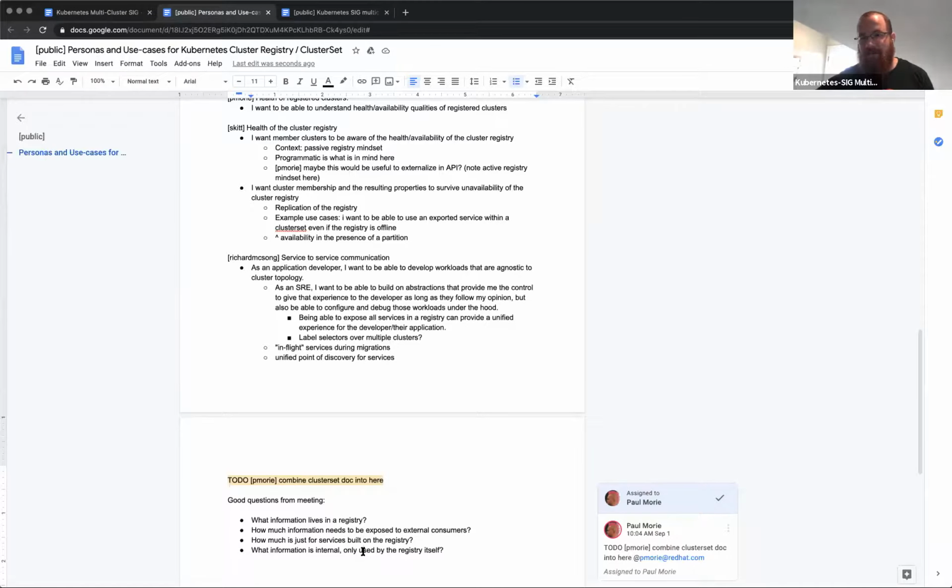If each cluster is uniquely identifiable, and there's a way to just reference them all, how close are we at that point to solving these use cases? My gut is fairly close, and then the gaps that are left will be interesting problems to solve.